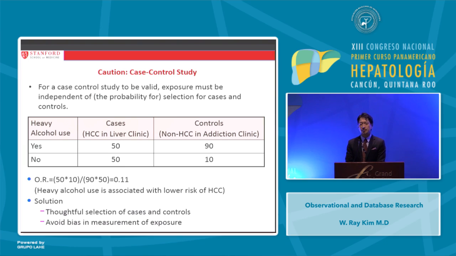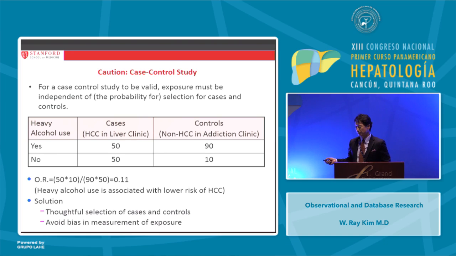A counter example is this bogus case that I'm going to show you. For a case control study to be valid, we made this point, the selection process is important. So let's say we want to do another study looking at HCC and alcohol. You pick cases in the liver clinic for HCC, and you say, I'm going to go to the addiction clinic to get controls.